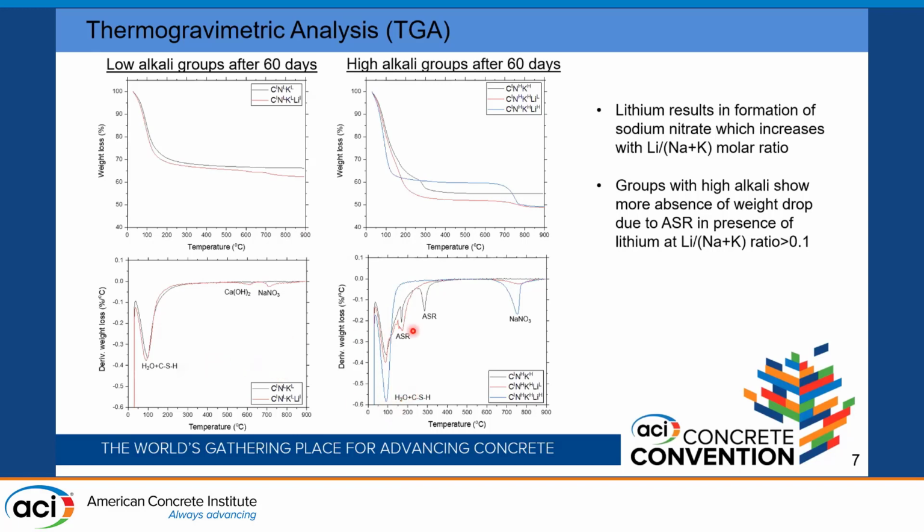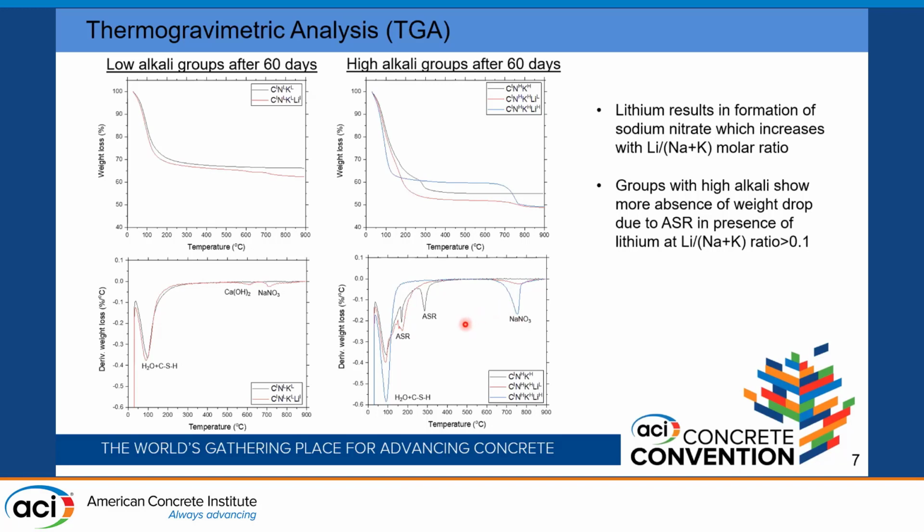Now, the high alkali or ASR-like groups show additional two peaks between 175 and 250 and 300 to 360 degrees Celsius. As we add the lithium nitrate, we can see the appearance of a new weight drop in a new temperature range of about 650 to 750 or 800. And that is due to the formation of sodium nitrate, which we guessed previously.